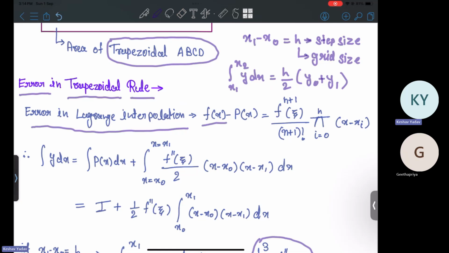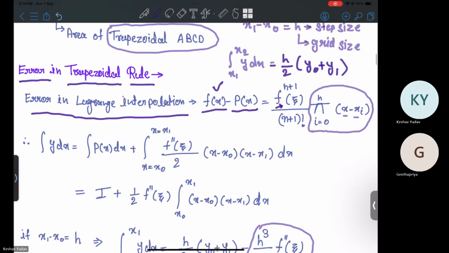If my function is f(x) and this is my interpolating polynomial p(x), then the difference f(x) minus p(x) will be equal to the (n plus 1)th derivative of this function at some point xi in the interval, divided by (n plus 1) factorial, multiplied by the product from i equals 0 to n of (x minus xi).